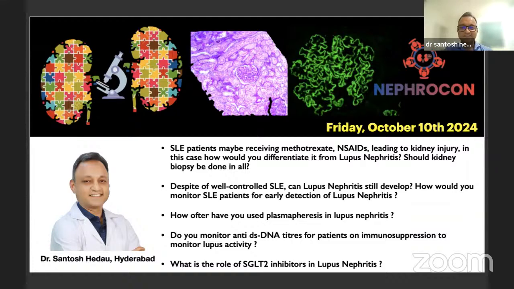Yeah, that's a good question. Basically, anybody who has a glomerular disease, and if we are suspecting any other disease on top of that, we should have some background. If we come to methotrexate specifically, we see nephrotoxicity in high dose methotrexate exposure, which is more common in malignancy cases.